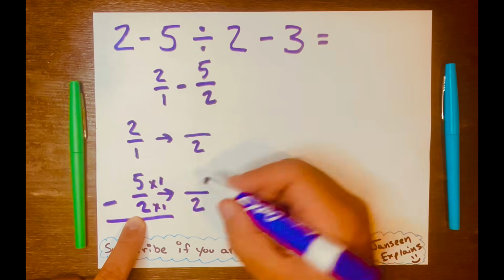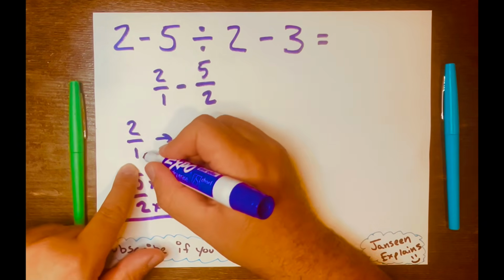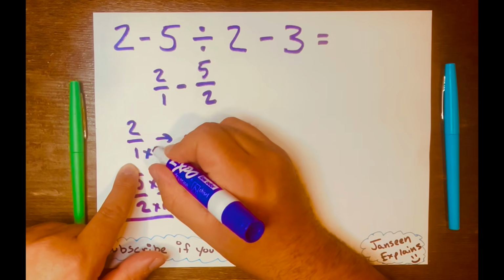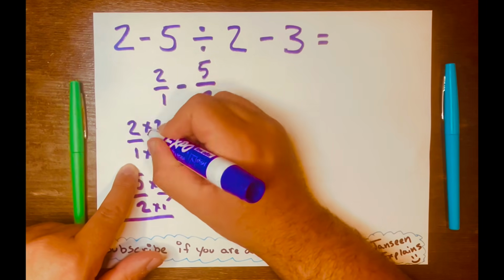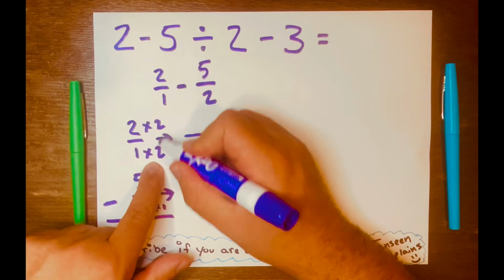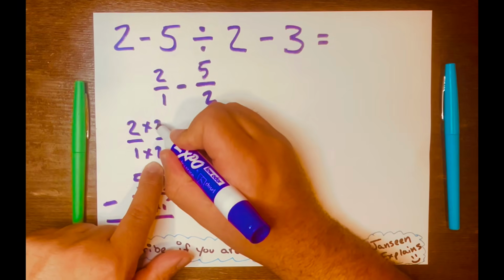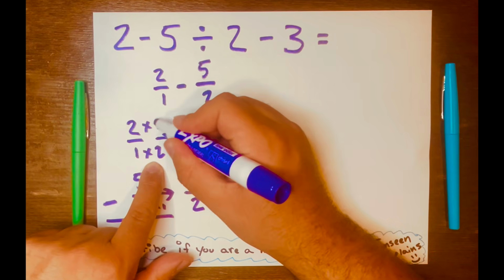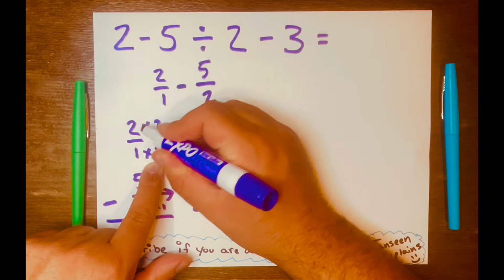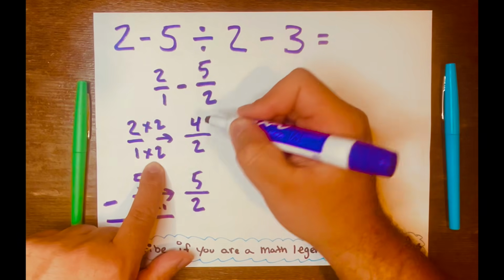So 5 times 1 is 5. And then same thing here, 1 times what gives you 2? 2. So you bring this 2 up and you multiply 2 times 2, or you use this factor and multiply the numerator. So 2 times 2 is 4.